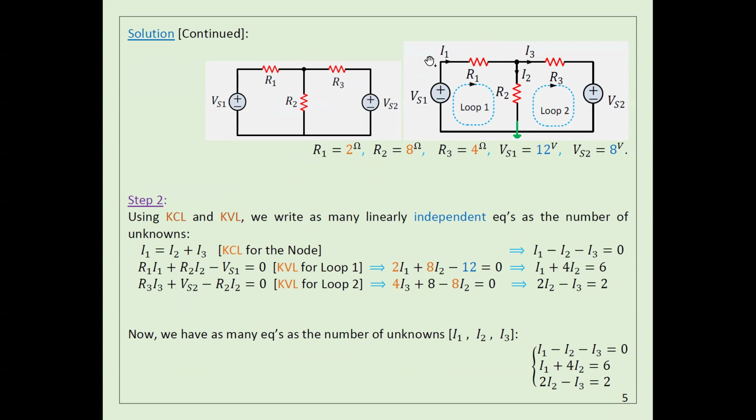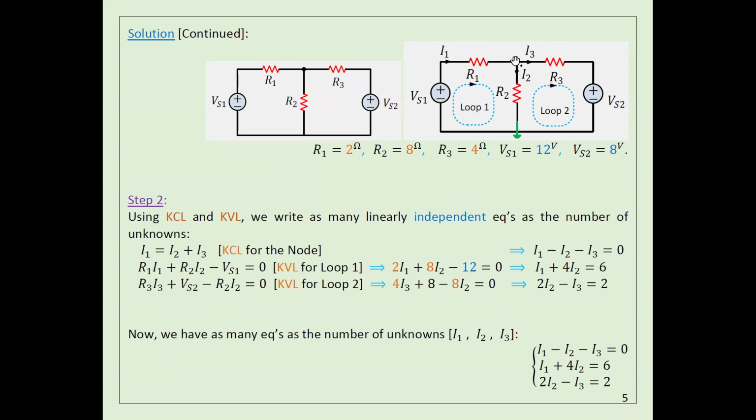I can take this node, and you can see I1 is equal to I2 plus I3. The current input to a node equals the current output of a node. This is the first equation. So now I have 1 equation. I have 3 unknowns, so I need 2 more equations. You got it? So the first equation I can get from Kirchhoff current law.